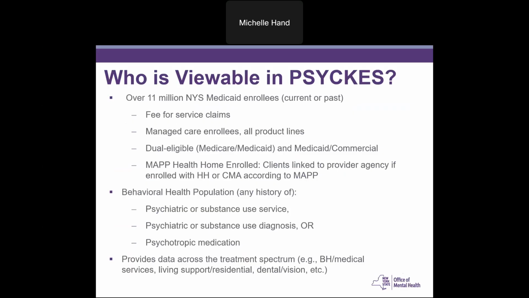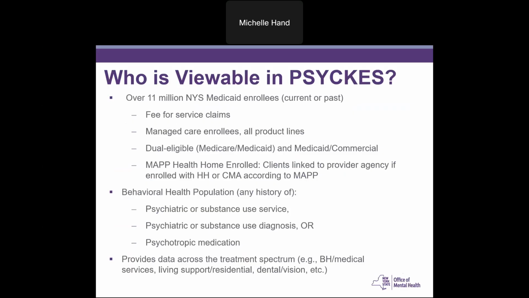And then lastly, we have MAP Health Home Enrolled clients. So these are clients linked to a provider agency if they're enrolled in a health home or care management agency according to MAP. And then within that bucket, you also have to be a part of the behavioral health population to be in PSYCKES.